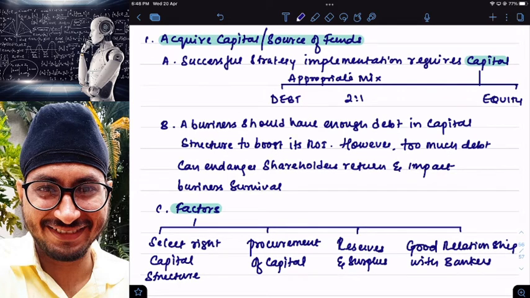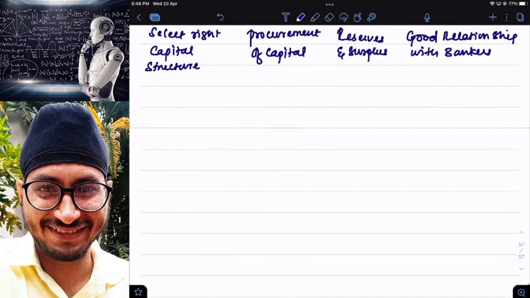Now the question comes, okay, sir, I want to acquire the capital. I want loans, sir. Now I want equity. Then the bank or prospective investors will ask me what? They will ask me for projections. And the projections I submit to the bank or to my investors can be of two types.